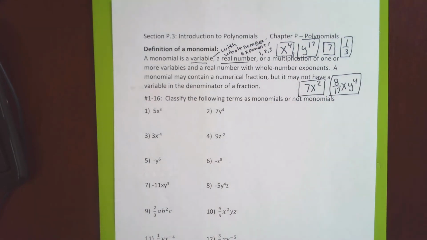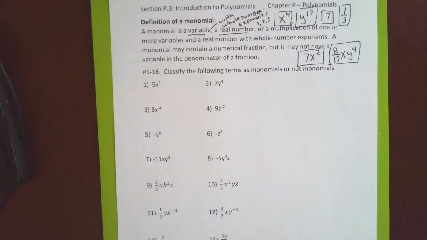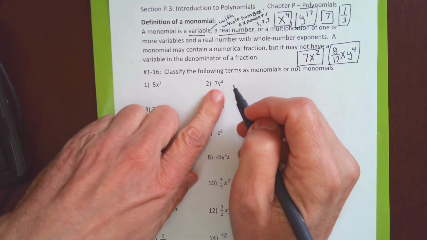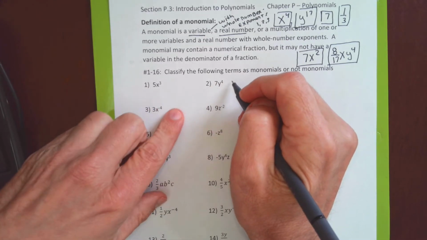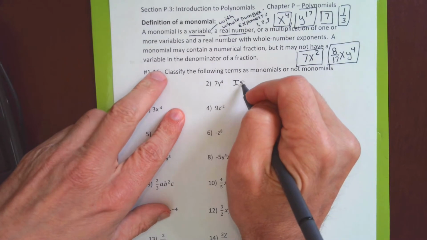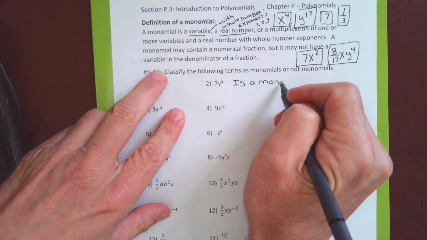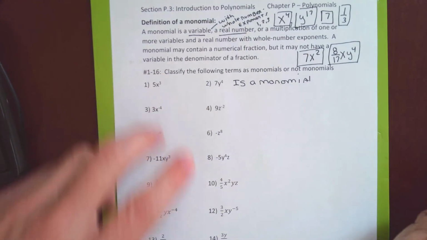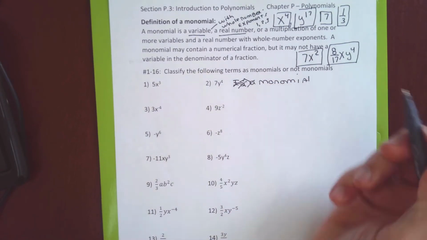And these first 16 problems just want me to classify something as a monomial or not. Problem 2 is a monomial. It's a number times a letter with an exponent that's a whole number. So this is a monomial. I don't really know what to write for an answer. I'm supposed to say monomial or not monomial, so my answer should just say monomial.